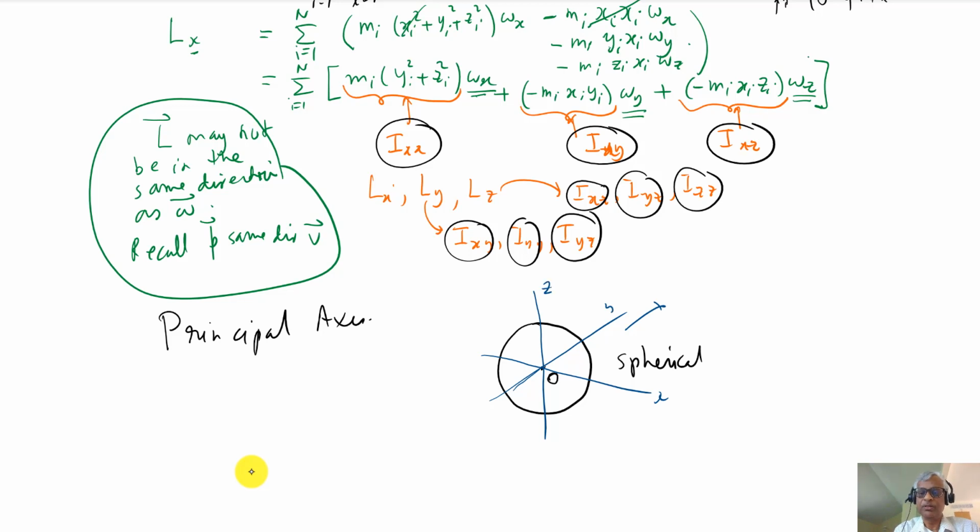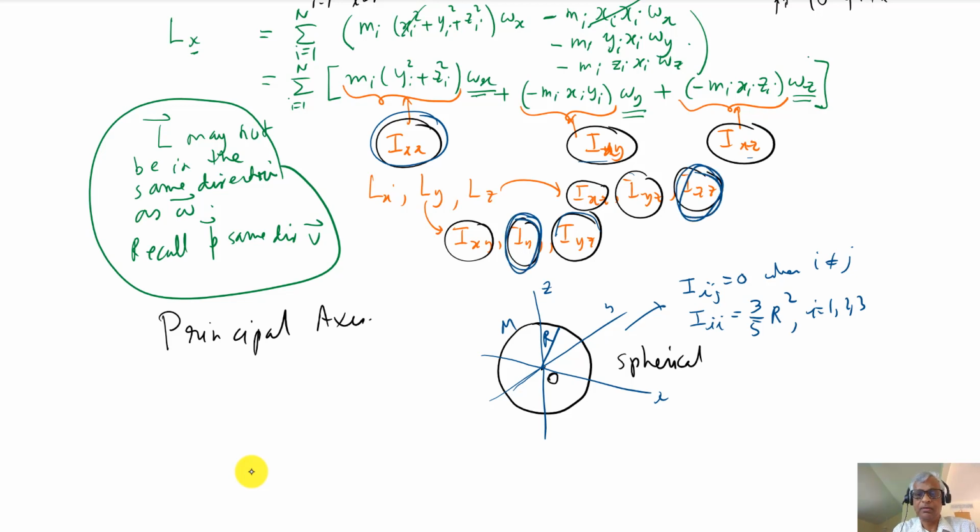When you work this out, you find that the off-diagonal Iij equals 0 when i is not equal to j. So all of these will be 0, and I is 3/5 mr square for i equals 1, 2, 3. These three are non-zero.